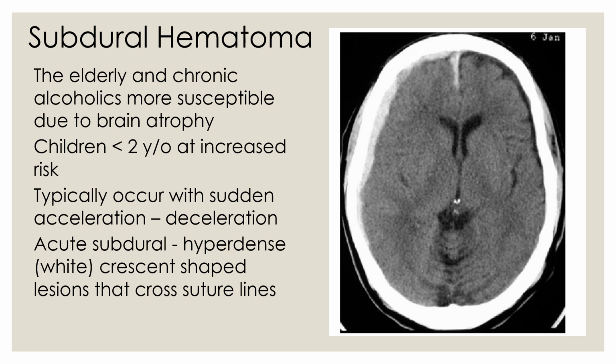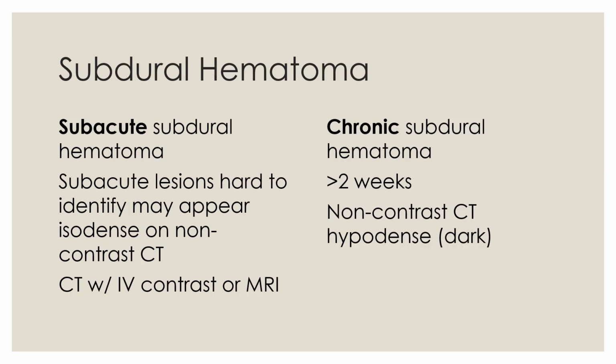Over time, the appearance of chronic subdural hematomas is not light on the image, but dark, because of the metabolism that's occurring in that blood in the hematoma. Subacute subdural hematomas can appear isodense. That's why they're hard to see on a non-contrast CT.